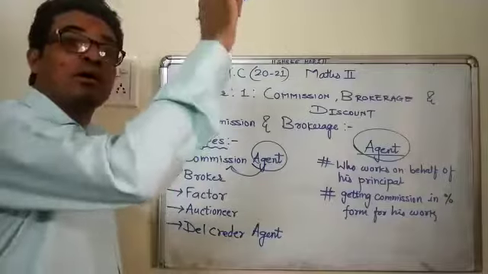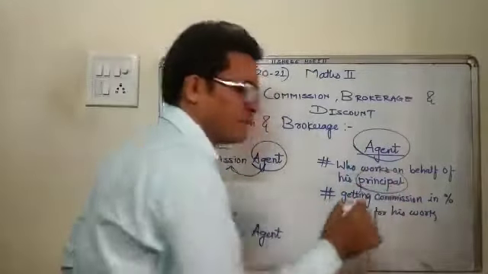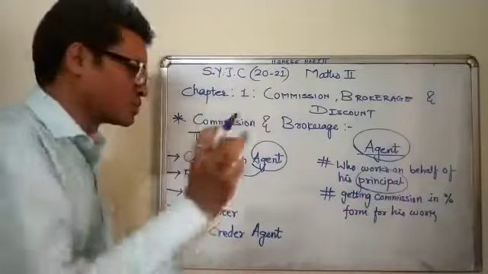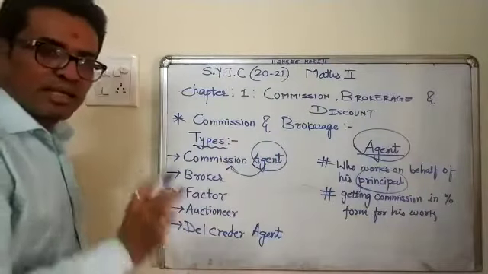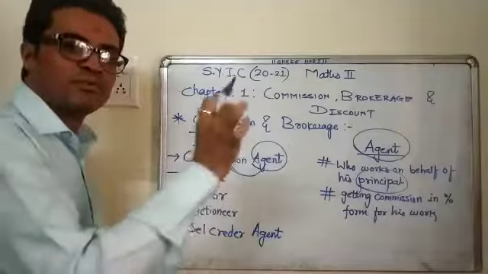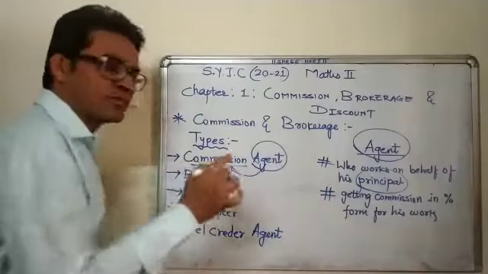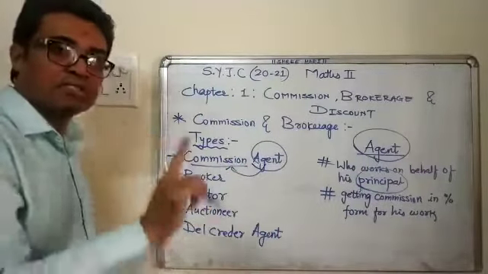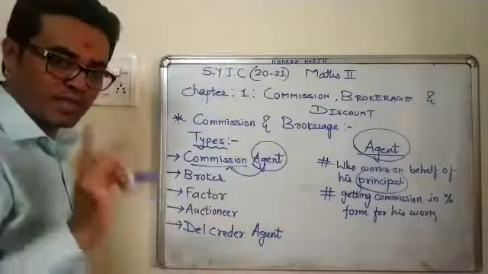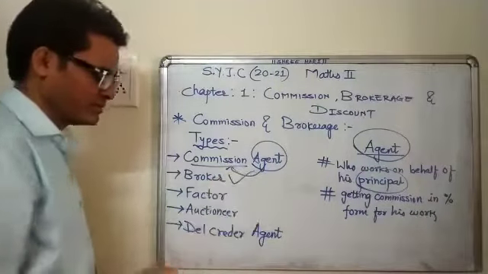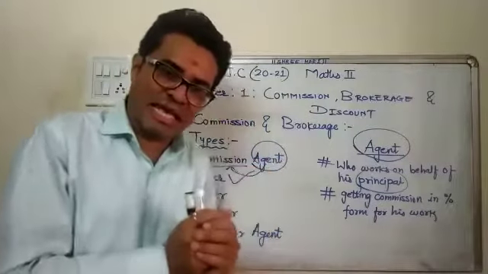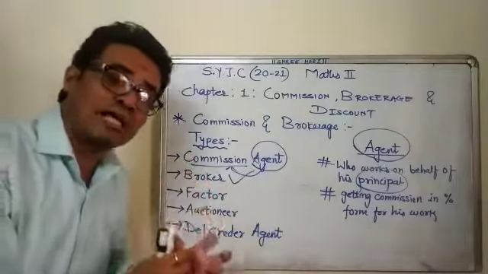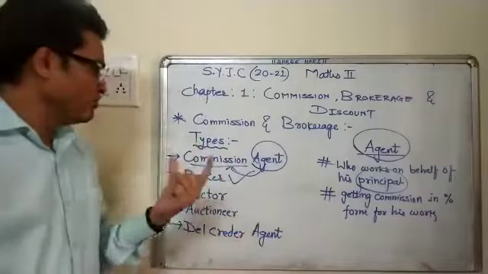That means the owner, the principal, the owner of the business, will have paid him commission. So this commission agent gets commission for his work from one party only, the owner.